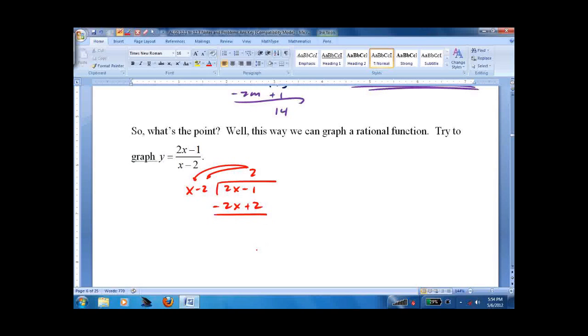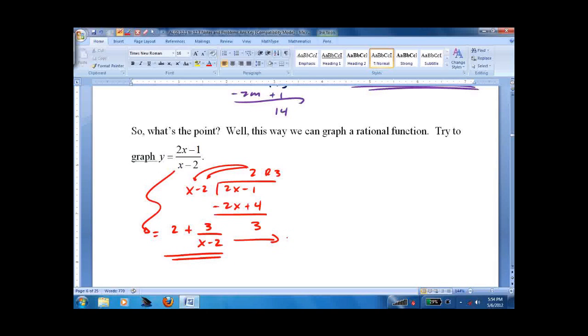Change your signs. I'm left with a remainder of, my bad, 3. So this equals 2 plus 3 over x minus 2.